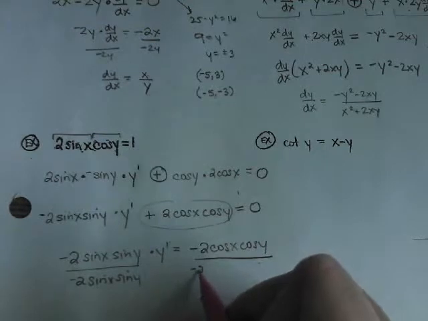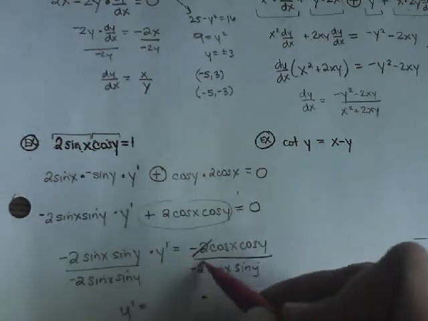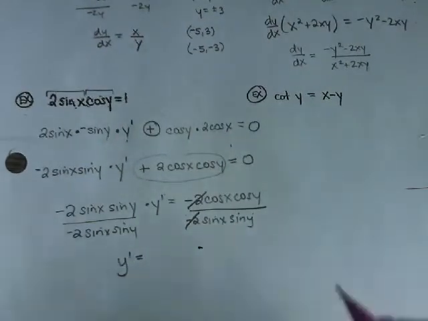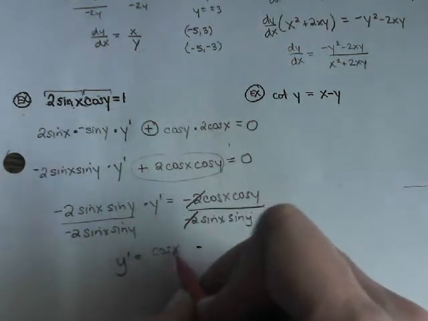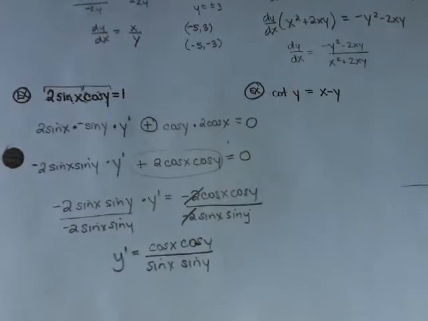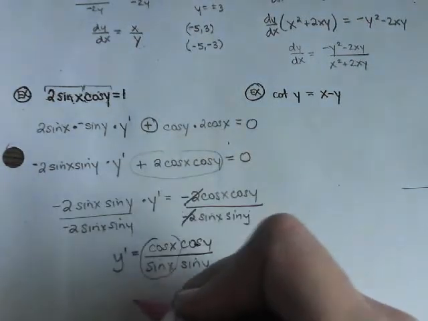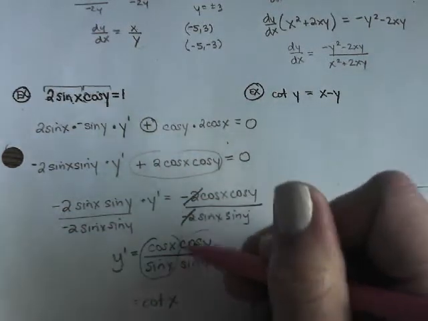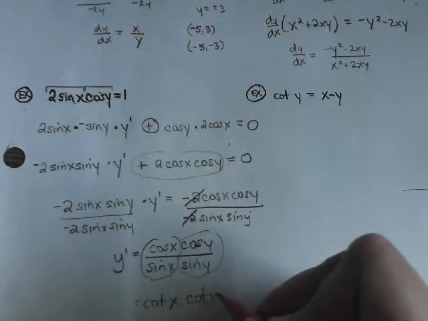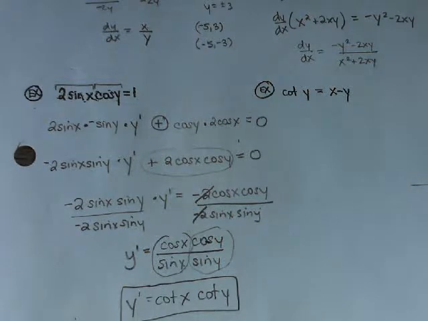And I'm going to have cosine x cosine y over sine x sine y. How could we potentially clean this up, Alex? Very good. Your cosine x over sine x would give you a cotangent x, and your cosine y over sine y would give you a cotangent y. I want you to try that last example on your own.